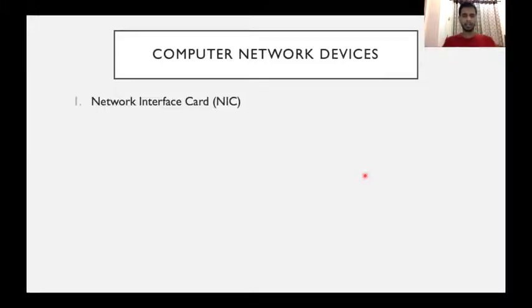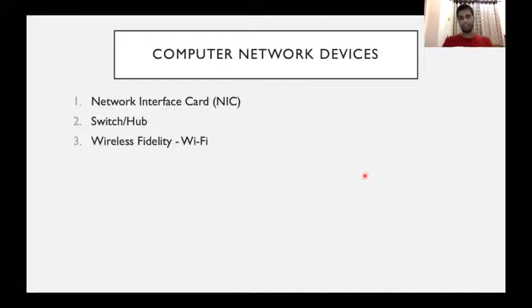So number one, we say network interface card, simply NIC, not the identity card. And also we have a switch or hub. Both are used for the same function, but both are not the same. They are different, so we'll see later.